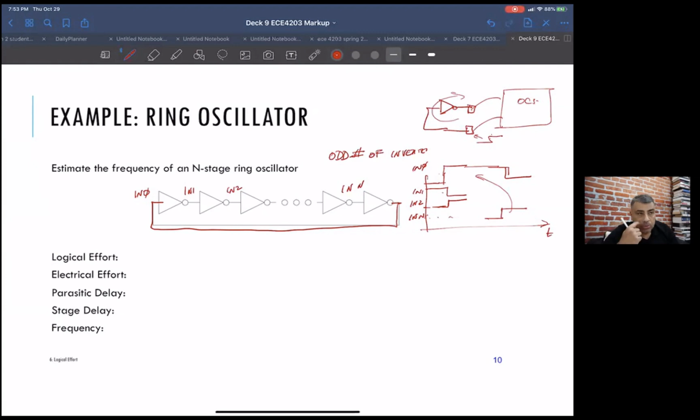Anybody want to guess why you wouldn't want to do that? Why that's hard to do? Remember we said that the delay through an inverter in a 65 nanometer process was something like 15 picoseconds. So that's a very, very short amount of time.